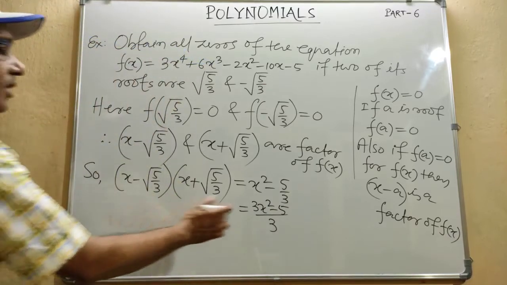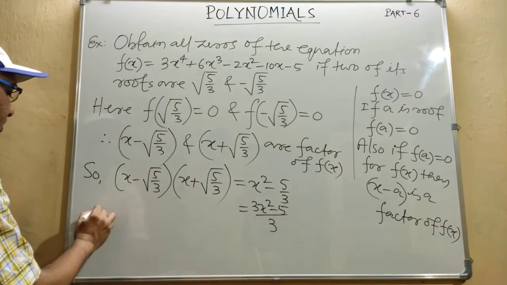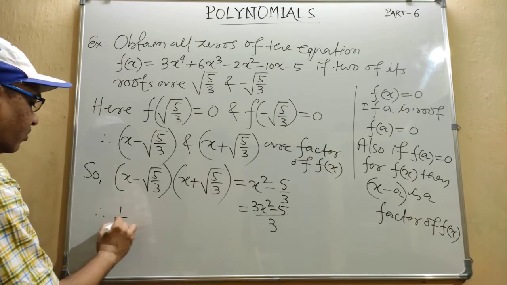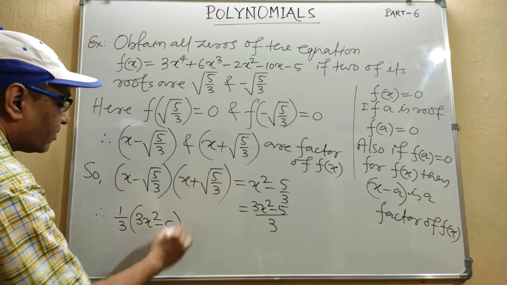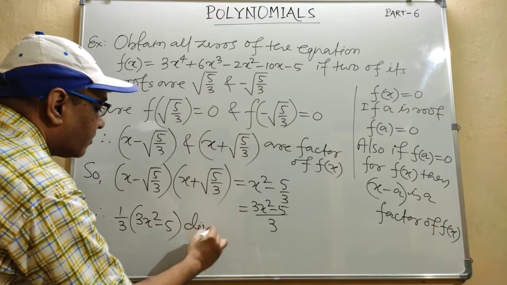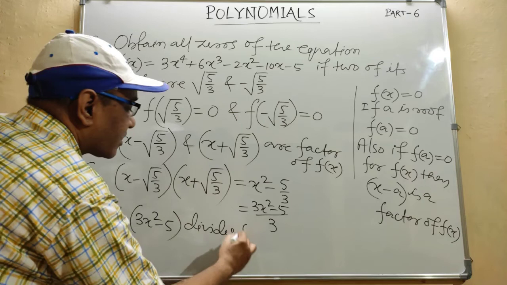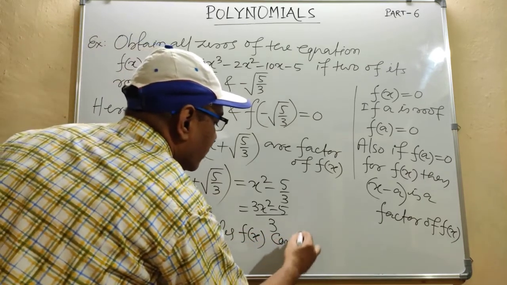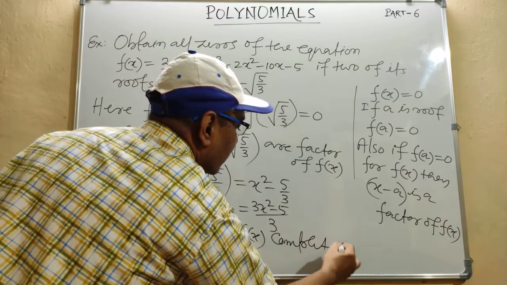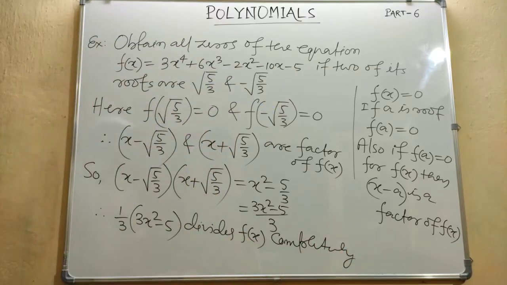So therefore you can write it as 1 by 3 into (3x square minus 5), which divides f(x) completely.